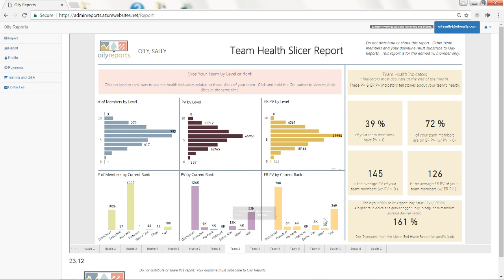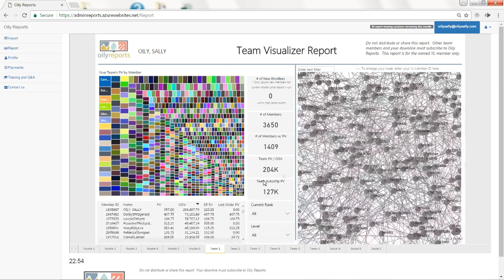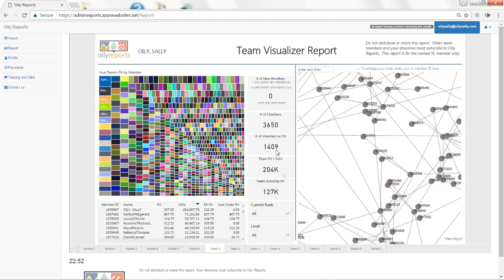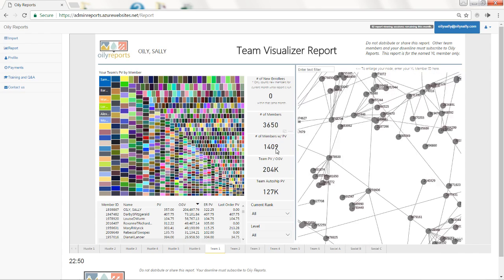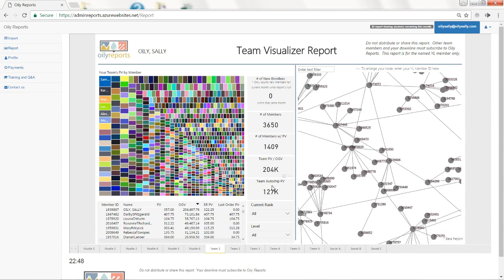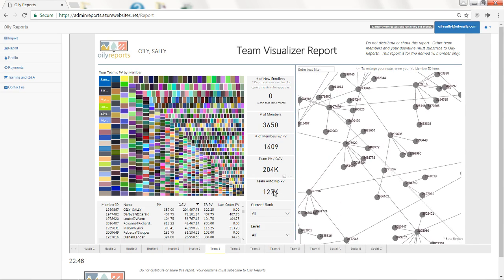Looking at the ranks, it's an easy way to see where all my team members are. And you can see how many of them don't have any rank at all, and then how many have a distributor. This is one thing I like looking at as well: you can look at your totals for number of members, how many members have PV, and your total OGV.